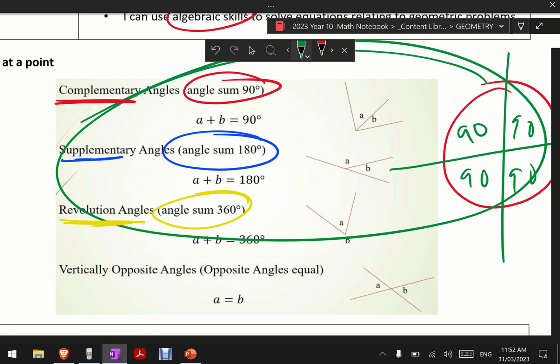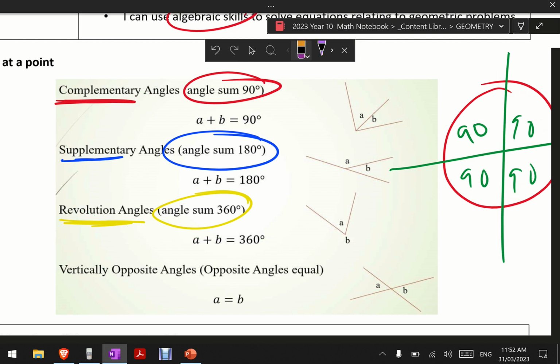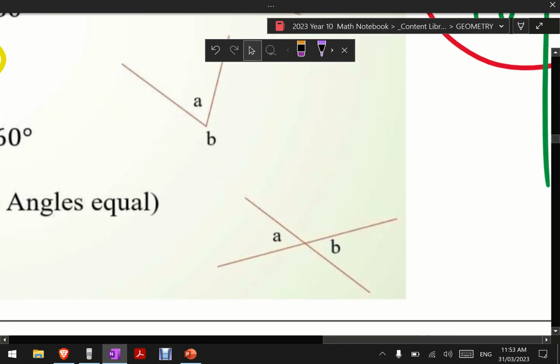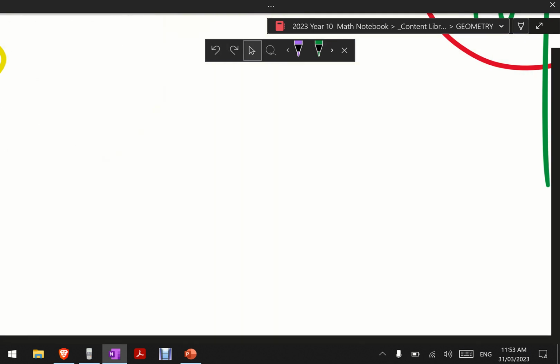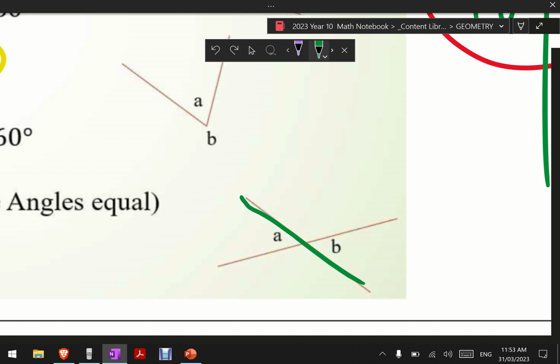If you look at a shape like this, and you've got 2 angles, A and B, you can conclude that if they're both straight lines, let's say this line is straight and that line is straight, then this angle here, which is opposite of this angle, are actually the same. You can also conclude that this angle here and this angle are the same too. You don't know what they are, but they're opposite of one another.